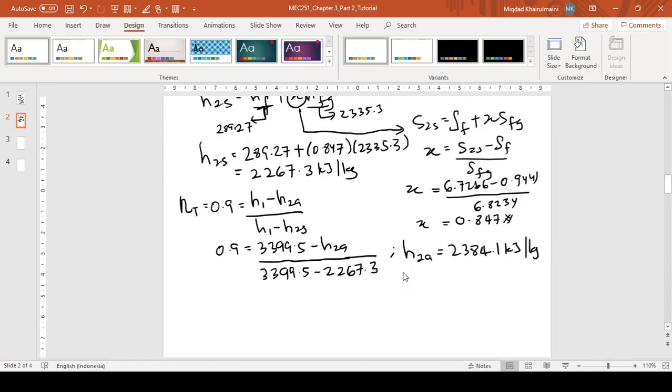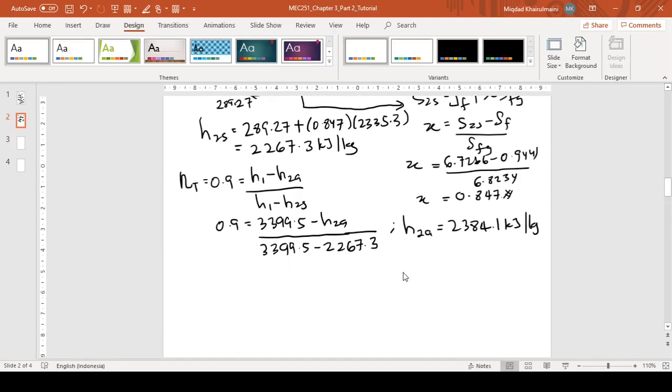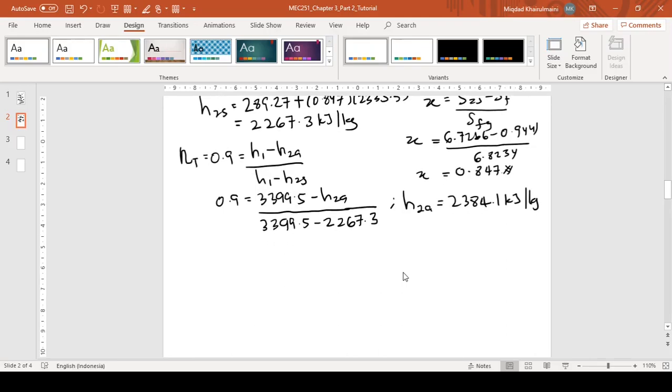Now the question asks us to find the actual temperature. So now using this value at state 2, the pressure 30 kilopascal, we will compare h2a with hg.